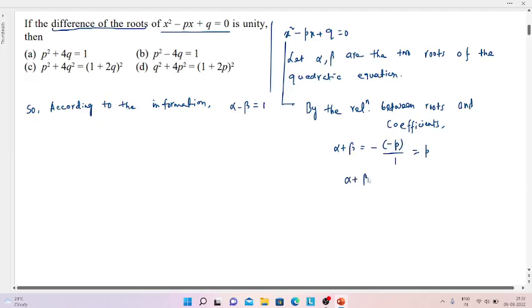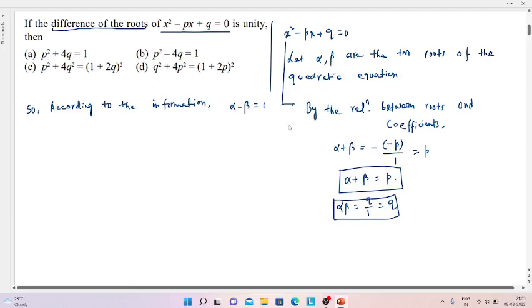So alpha plus beta will become p, right? And the product of the roots, which is alpha into beta, will become q by 1, which is q, right? So here you can see that the sum is p and the product is q. So we will use this information later on.